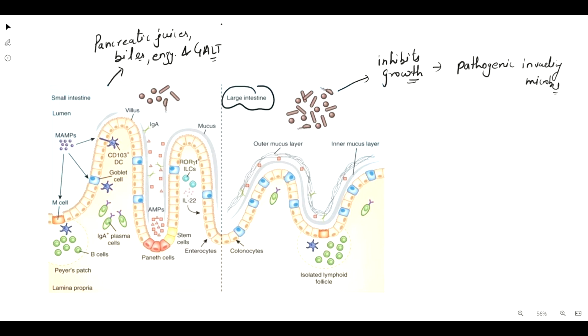right? So now let's talk about the gut associated lymphoid tissue, which is actually present in both your small intestine and in the large intestine. One thing is that your gut also contains the mucous membrane, which we had already discussed in our previous lecture, right?